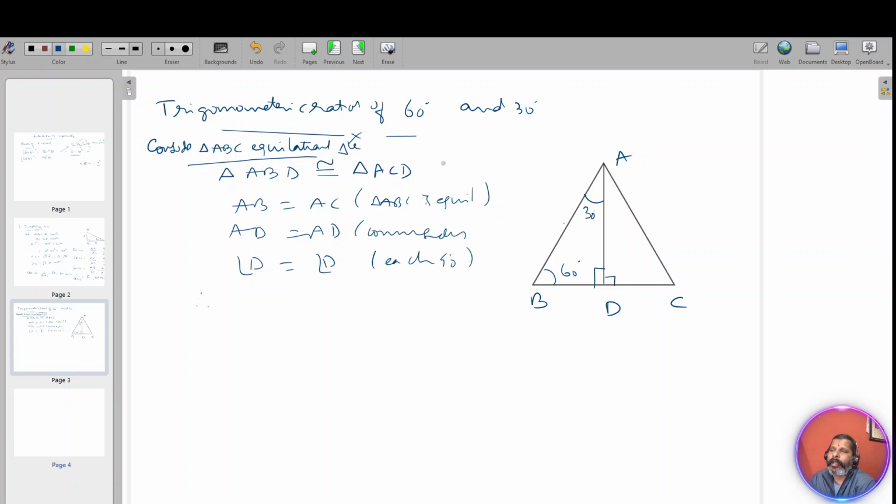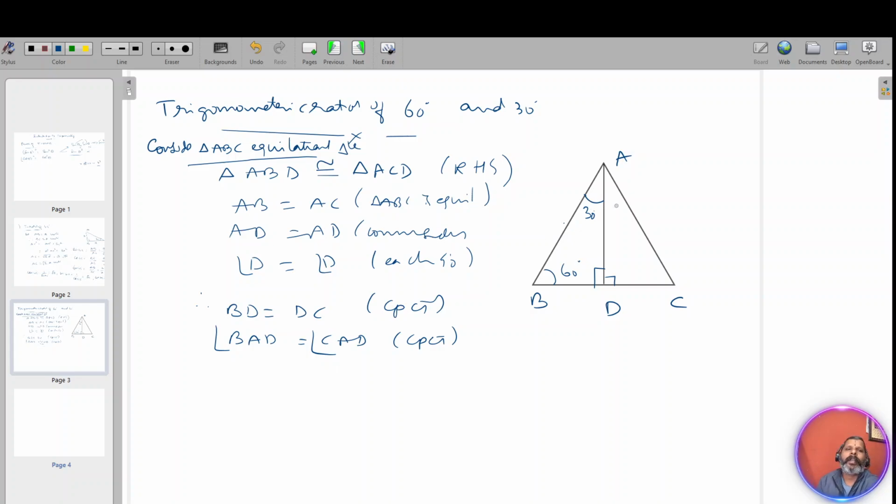Therefore, by RHS, they are congruent. When they are congruent, we can say BD equals DC by CPCT, and we can take angle BAD equal to CAD, that is also CPCT. That's the reason we got this as 30 and this will be again 30.